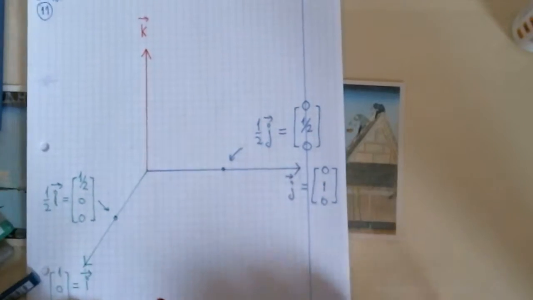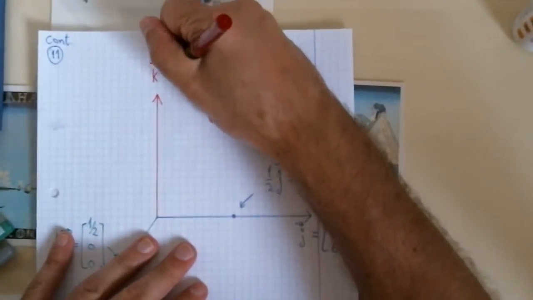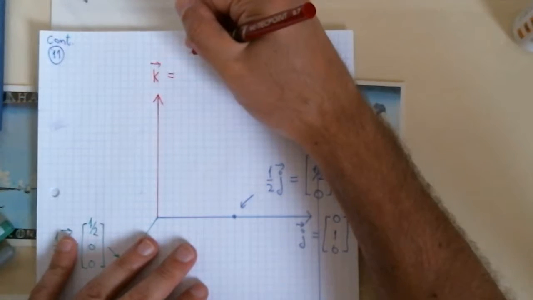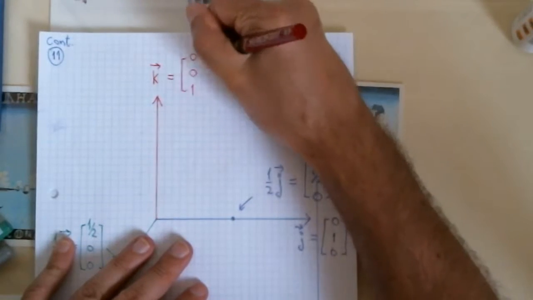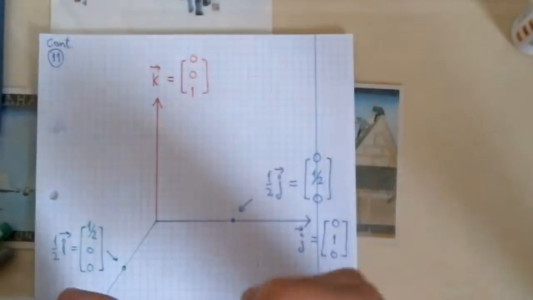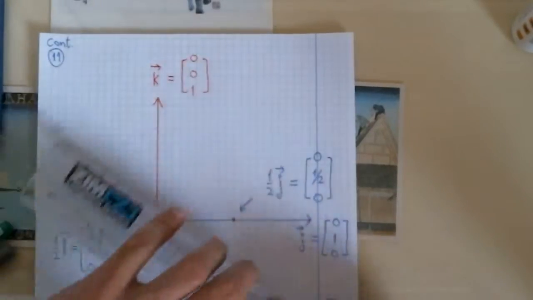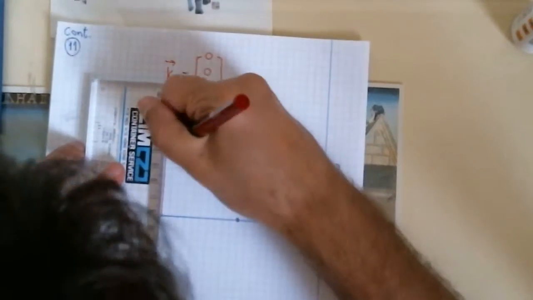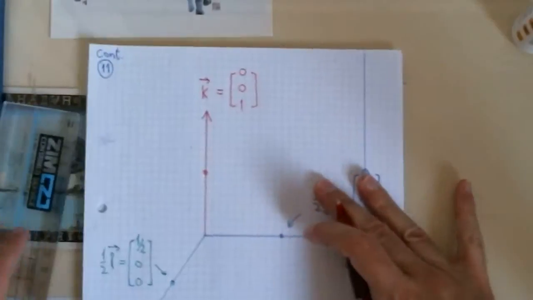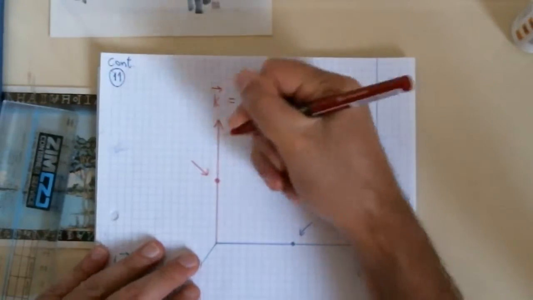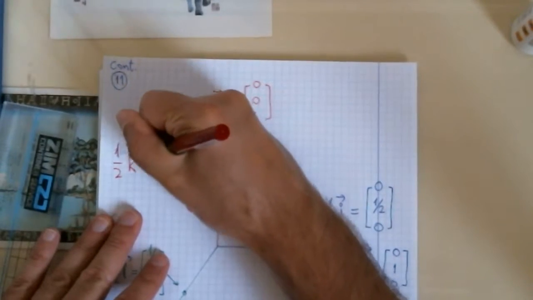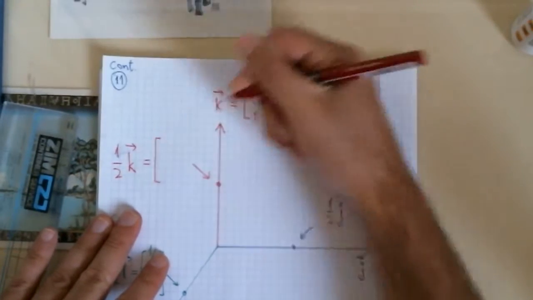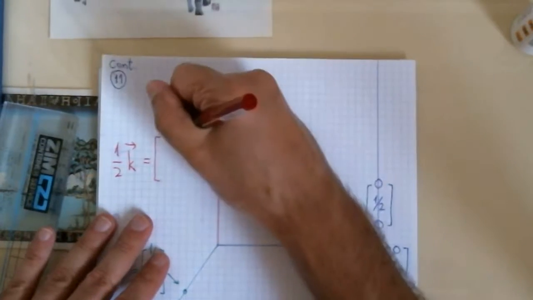And half of k, I'm reminding you, it says in the book that it's 0 0 1. So half of k equals 0 0 and 1 half.